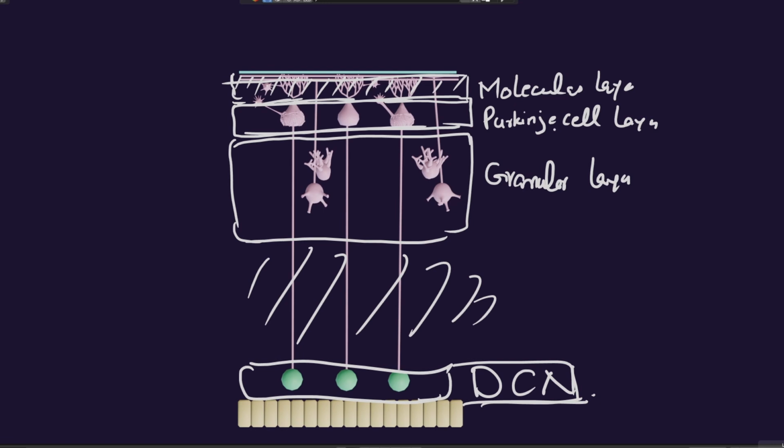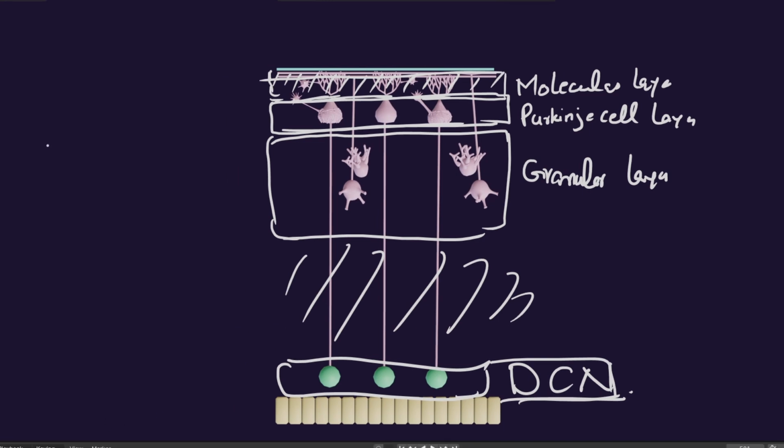So molecular, Purkinje and granular layers, you can remember with the help of a dirty mnemonic that I've created: morning pussies gratifies. I'm sorry about the explicit language, but it will help you remember. So again, it's a necessary evil.